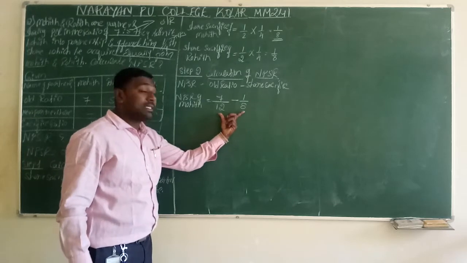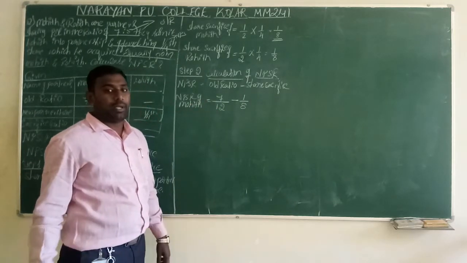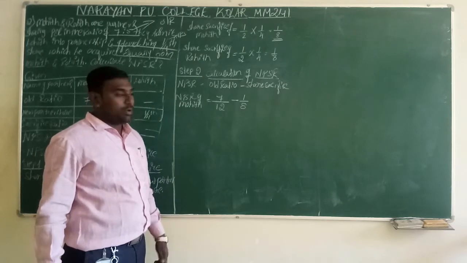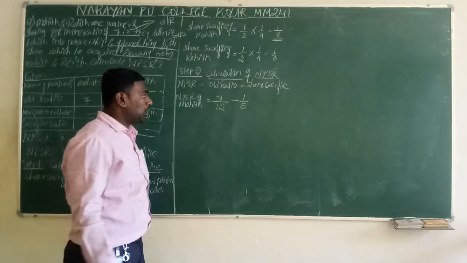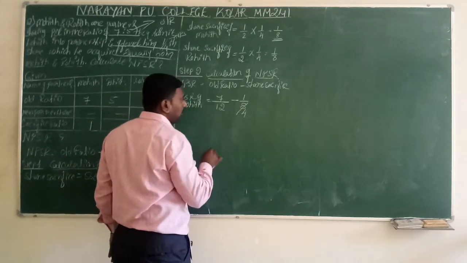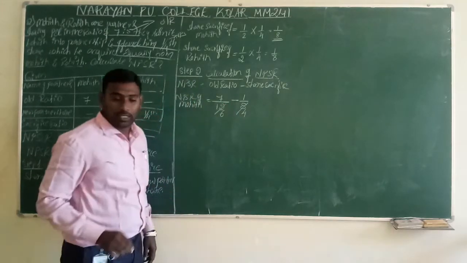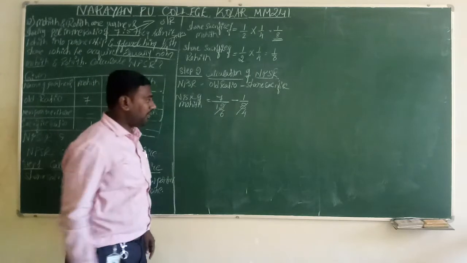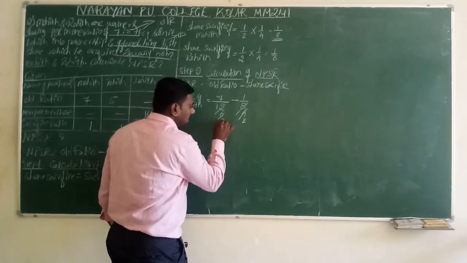Now see the denominators. Both the denominators should be divisible by a particular number. From 2 it is divisible: 2 4s are 8, 2 6s are 12. Again it should be simplified: 2 2s are 4, 2 3s are 6.